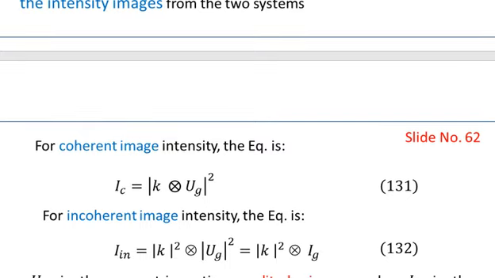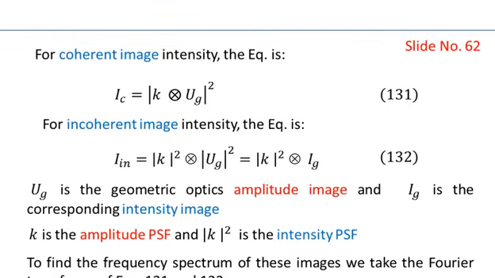For a coherent intensity, the equation is I_C on the left hand side, which stands for the coherent intensity, equal to the absolute square of kappa convolved with U_G, where U_G is the geometric optics amplitude image, and kappa is the amplitude point spread function as given in equation number 131.